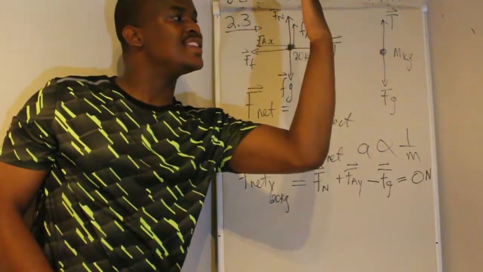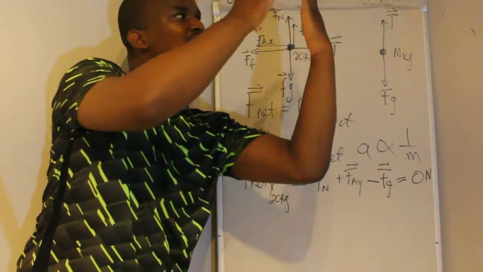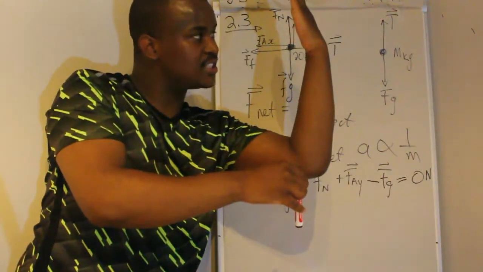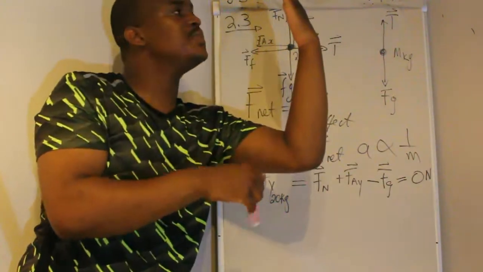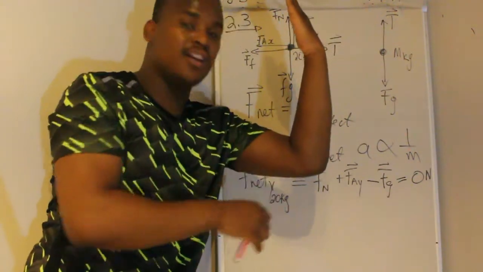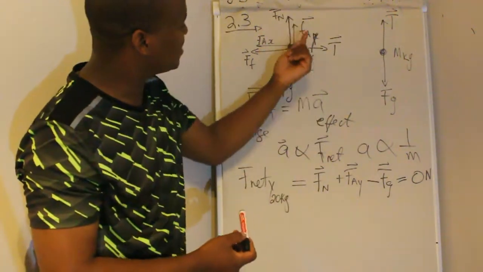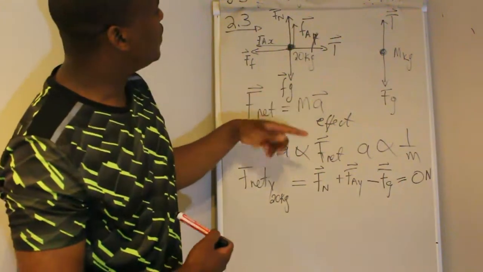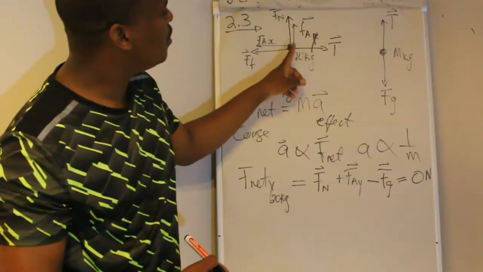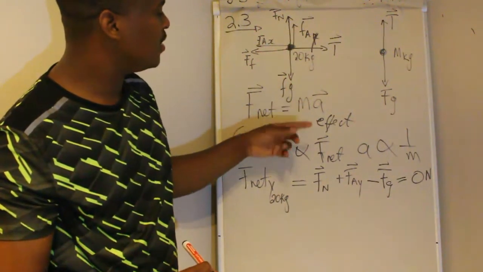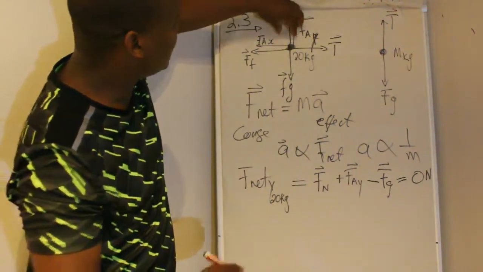If you take the sum of the vertical forces, the upward forces and the downward forces are equal. The sum of these two forces is equal to this one. So if you add these two and subtract this one, the answer will be 0, because you said this and that are equal.